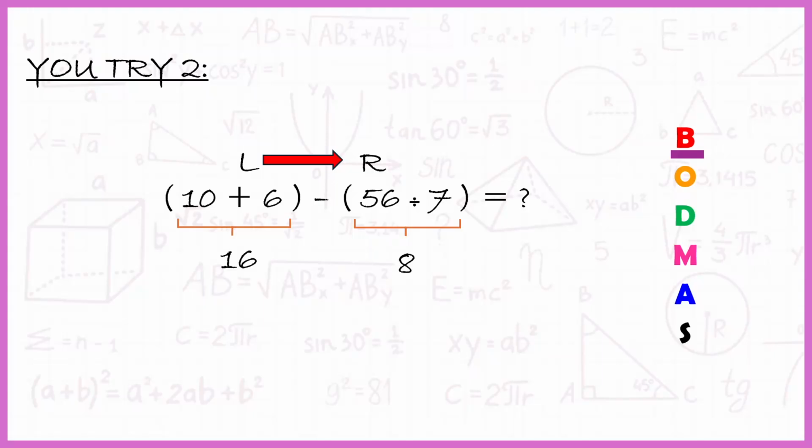So now we're going to look at our BODMAS acronym list again. There is no order or index, no division, no multiplication, and there's no addition. But there is subtraction. And so we're going to do 16 minus 8. And that gives us an answer of 8. So well done to whoever got those correct. And very well done. So give yourself a nice big tick.